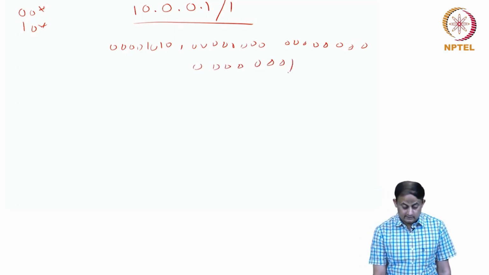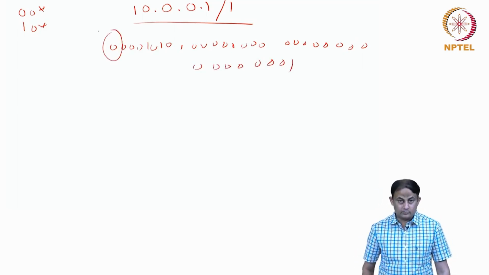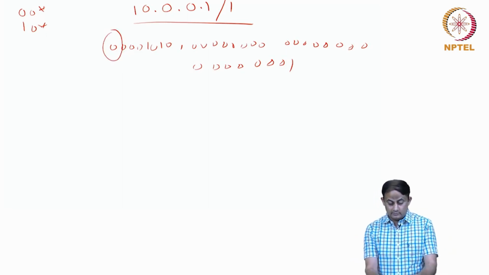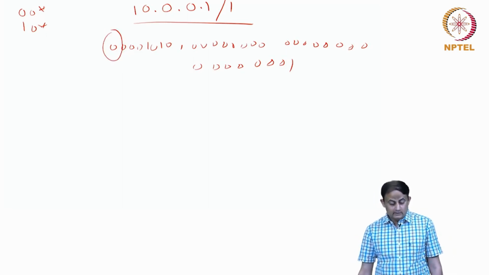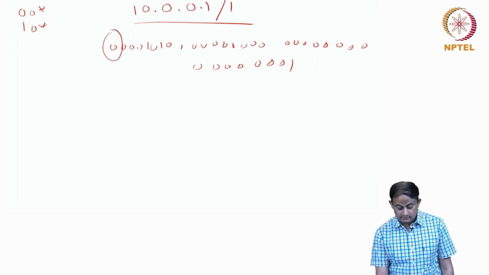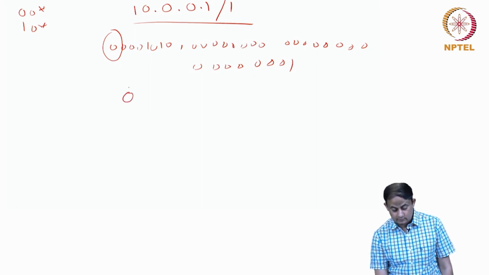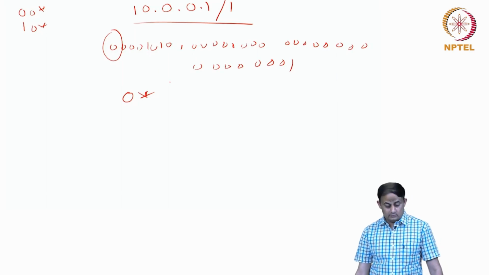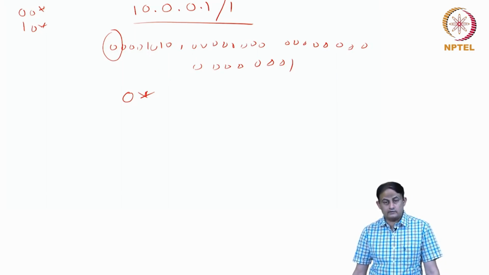So you take the first bit only, the network portion is actually only 1 bit because /1 is there. So the prefix corresponding to this expression is 0 followed by whatever, I don't care. So 0 star is the prefix corresponding to this CIDR notation.